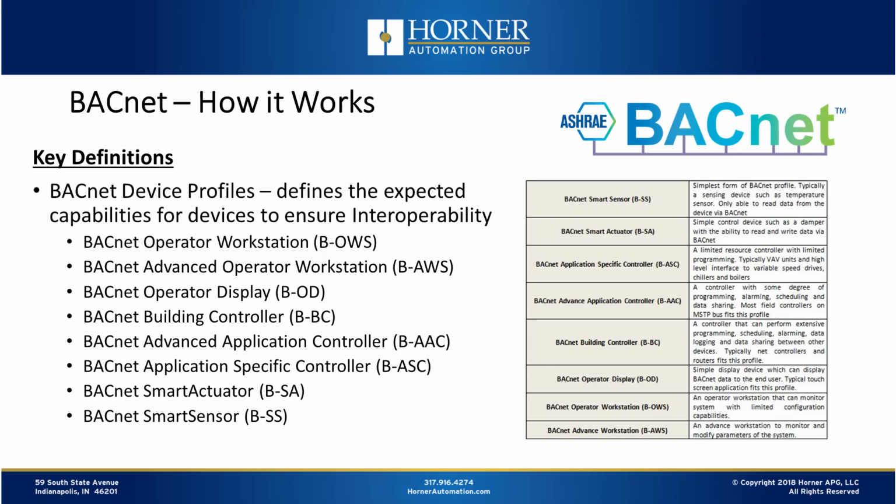And these range from the extraordinarily simple, like a BACnet smart sensor, which might be nothing more than a temperature input, all the way up to the full building management system, which might be a BACnet Advanced Operator Workstation. So again, they have 7 different categories or device profiles that categorize different devices on BACnet.